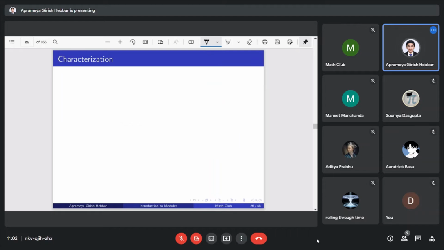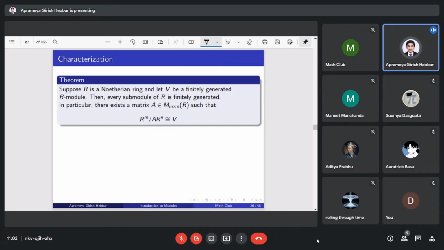So let us see. Suppose R is a Noetherian ring, and let V be a finitely generated R module. Then every submodule of V is finitely generated. What is a Noetherian ring? Every ideal is of the form, let's say, generated by A1 to An, that is, it is a finitely generated ideal.